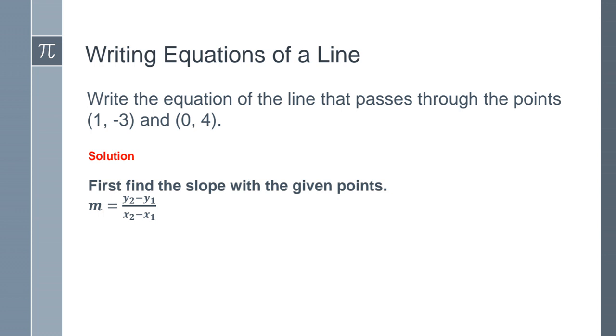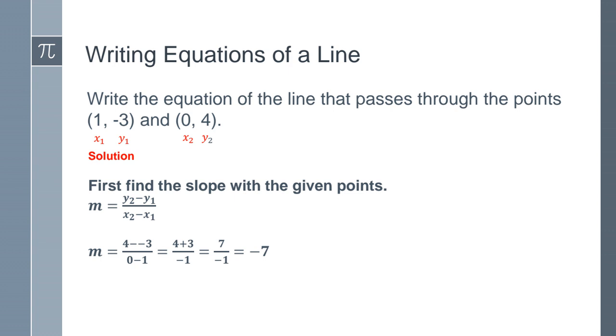It is y sub 2 minus y sub 1 over x sub 2 minus x sub 1. Since the point 1, -3 is my first point, I'm going to call the 1 x sub 1, and the -3 will be y sub 1. And the second point is point 2. The 0 will be my x sub 2, and my y value will be my y sub 2, which is a 4. So all we do is plug them into the formula.